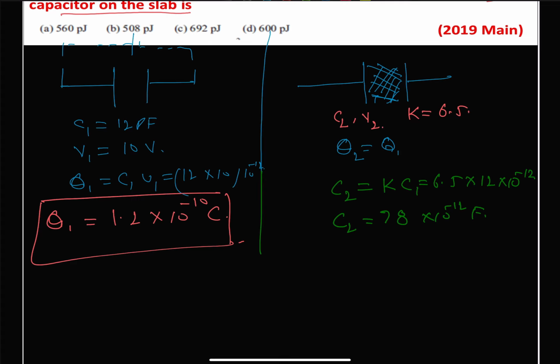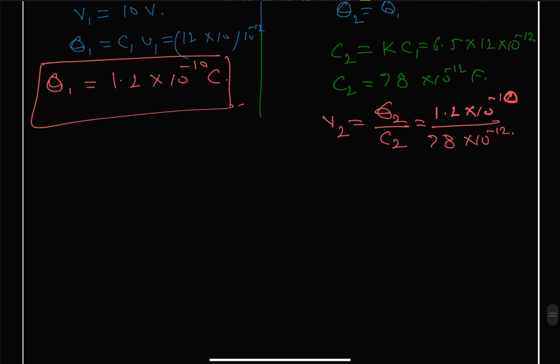Therefore, V2 will be equal to Q2 upon C2. Q2 is Q1, which is 1.2 into 10 to the power minus 10, divided by 78 into 10 to the power minus 12. So this gives us V2 equal to 1.538 volts.